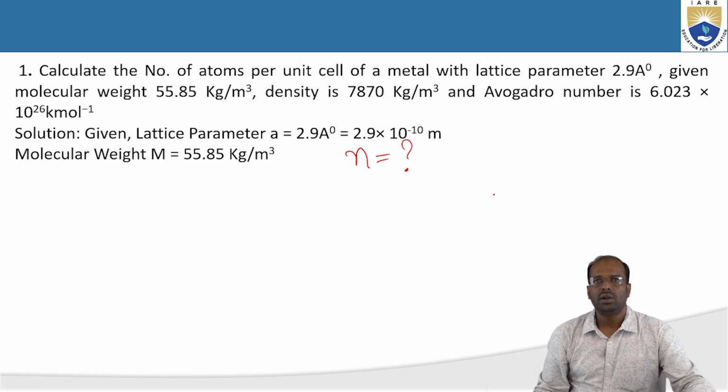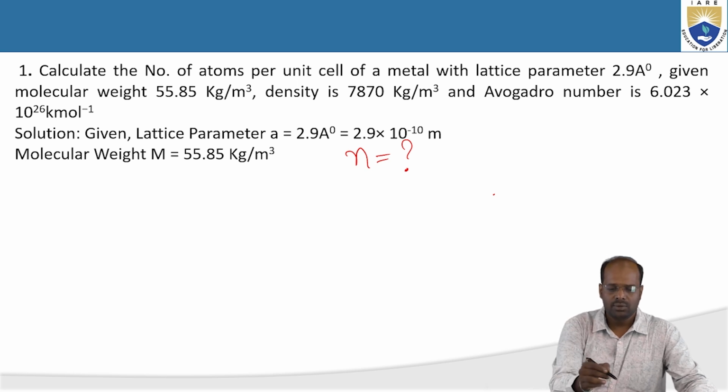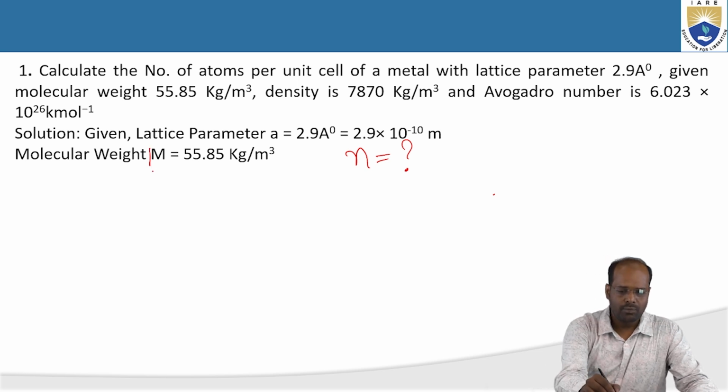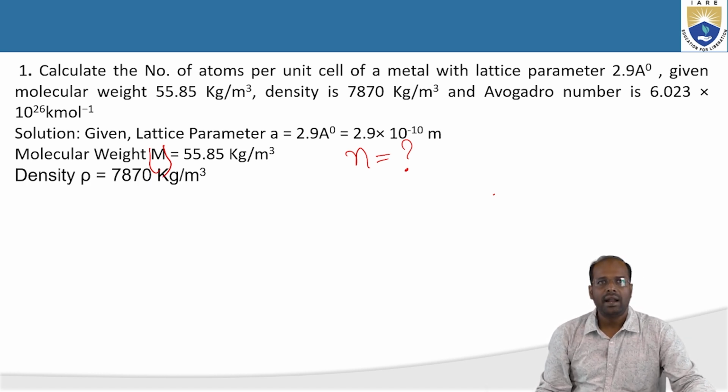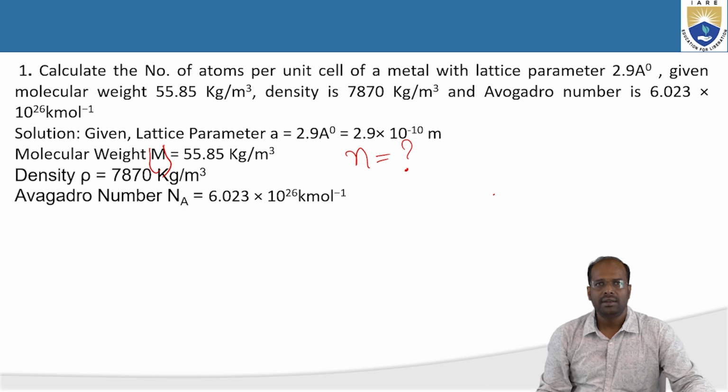Next, the molecular weight M is given as 55.85 kg per meter cube. The density is 7870 kg per meter cube. And Avogadro number N_A is 6.023 into 10 to the power of 26 per kilo mole.